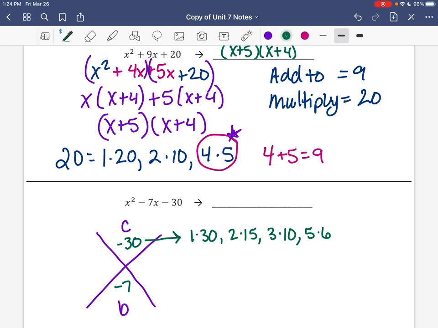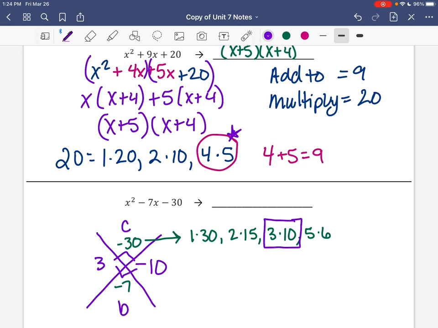So if you do 10 minus 3, you get 7. And if you do 3 minus 10, you get -7. So 3 times -10 is -30, so that works. And 3 plus -10 is -7.